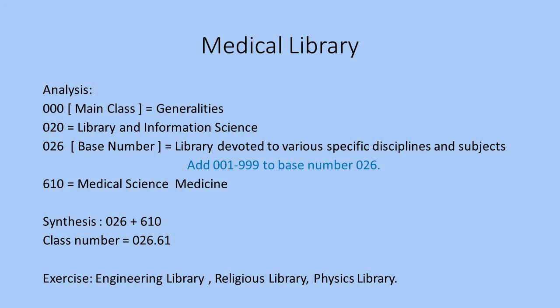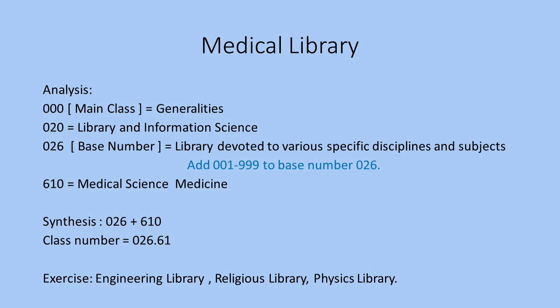So the document will be under main library science. We know the library science is under the main class of generalities. Okay, we know that in DDC all the universe of knowledge is divided into 10 main classes. First one is generalities. The notation of the generalities is 000. Here I have written the notation 000, main class equal to generalities.